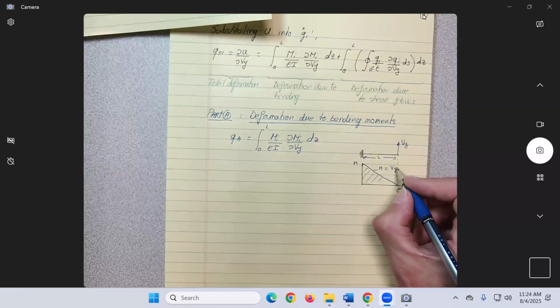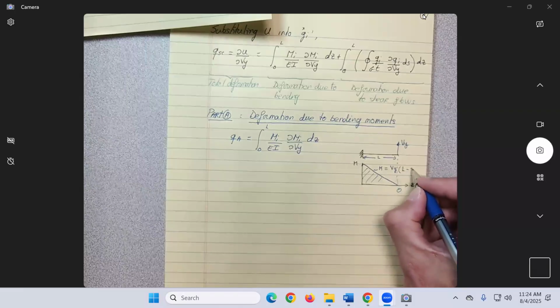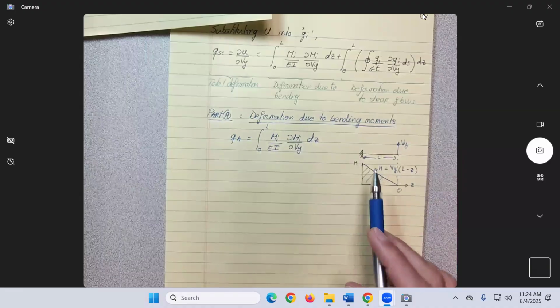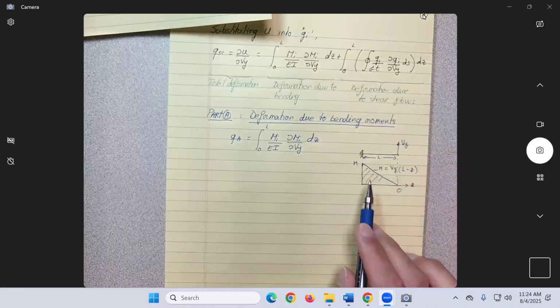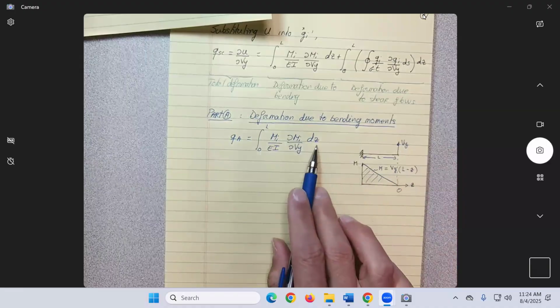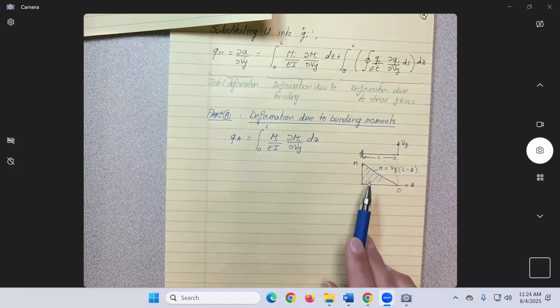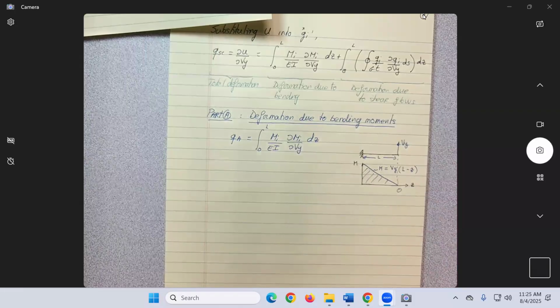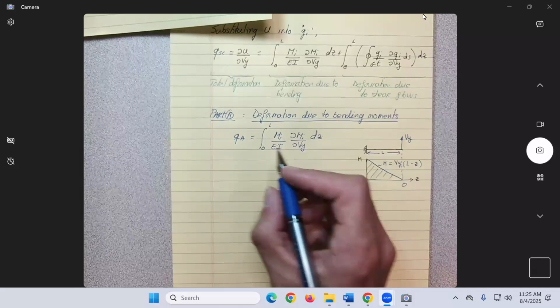This should be Vy times L minus Z. So why do we need to give the moment? Not like before, where we were just finding the moment of the section. We need to find the equation because here we integrate with respect to Z, no? With respect to the length. We find what is the deformation due to all this applied moment along the length of the wing or the beam.